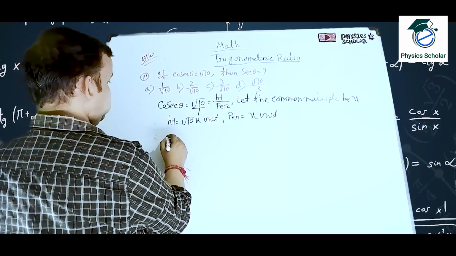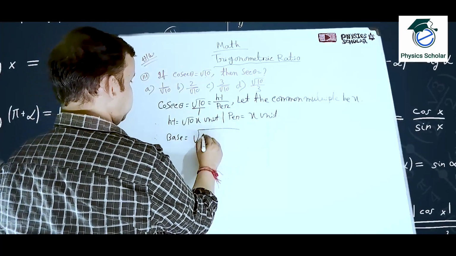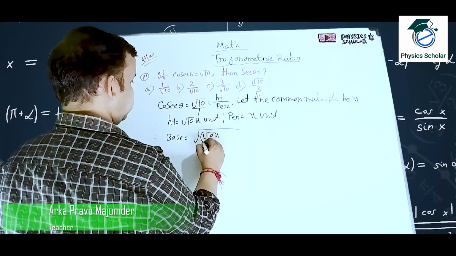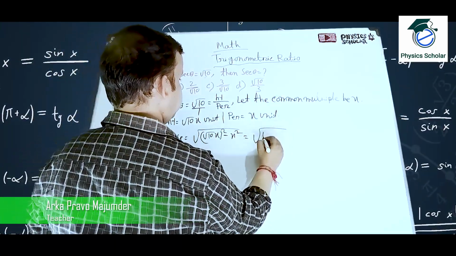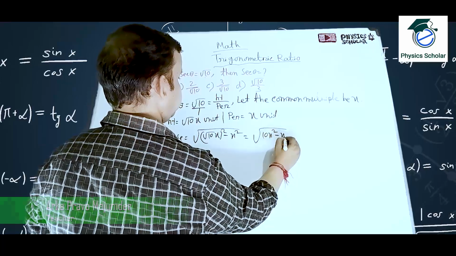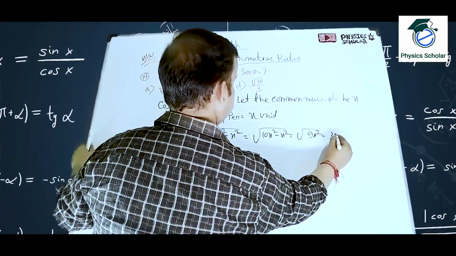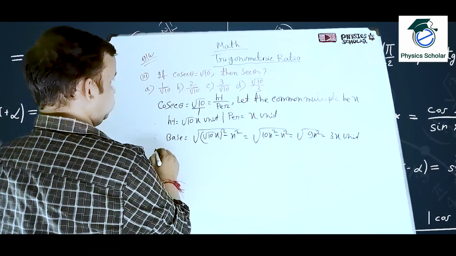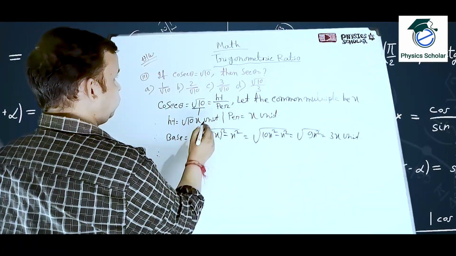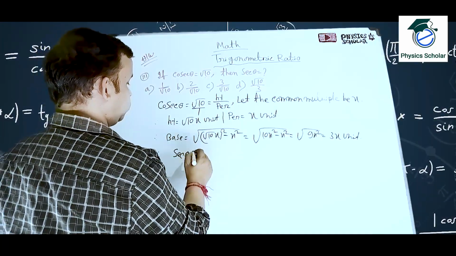Okay. So base, by Pythagoras theorem, is equal to root of hypotenuse square minus perpendicular square. So that means root of 10x square minus x square is equal to root of 9x square, is equal to 3x unit. Clear? So now what do we have to find out? Sec theta means reciprocal of cos.